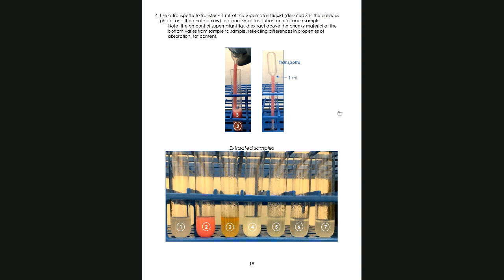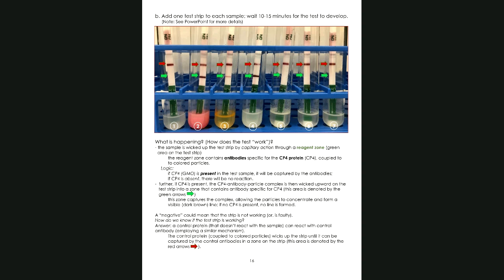You extract these samples, and then you look at this antibody test, where you can see whether something has a GMO present or not. And I'm going over that test separately in a PowerPoint, just to give you a little bit of an idea how these kinds of tests work.